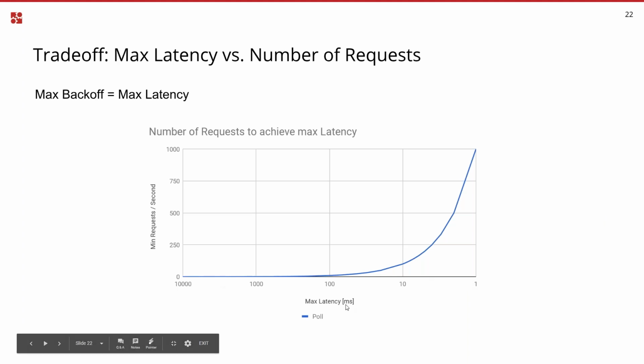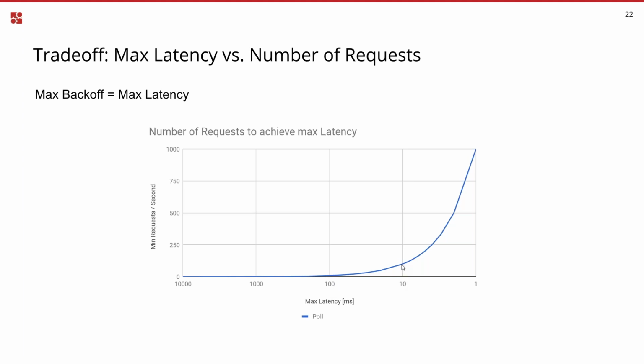For example, if I'm okay with waiting 100 milliseconds after a task becomes available before I process it, then I need to pull at least 10 times per second if I don't have any tasks. If I'm only willing to accept a 10 millisecond delay, then I need to pull 100 times per second.